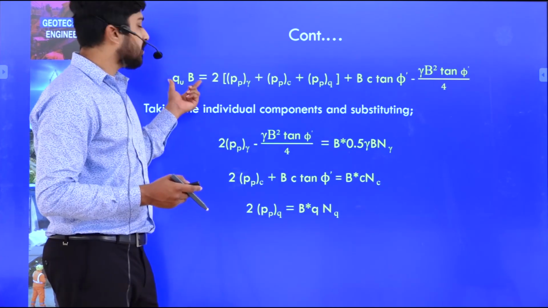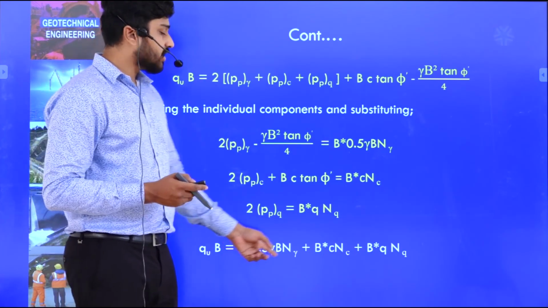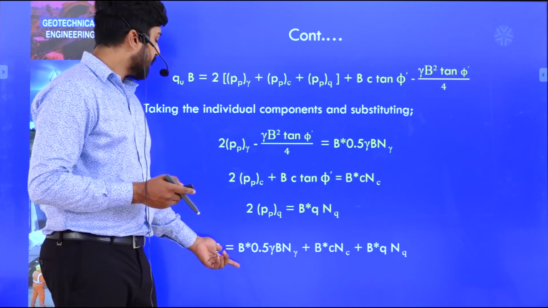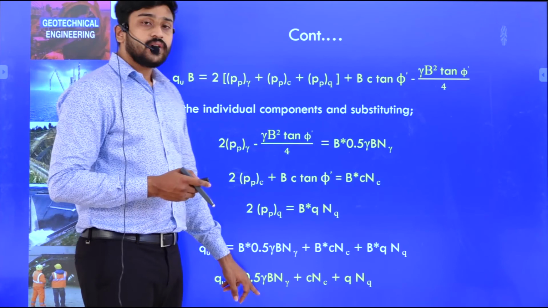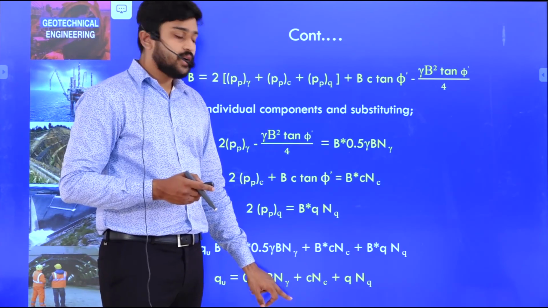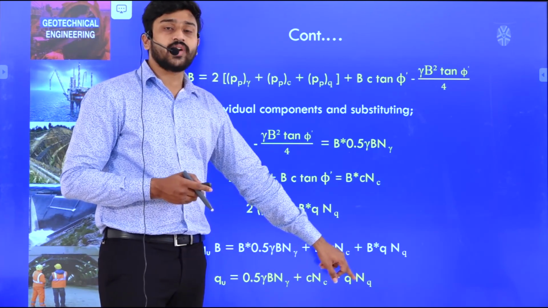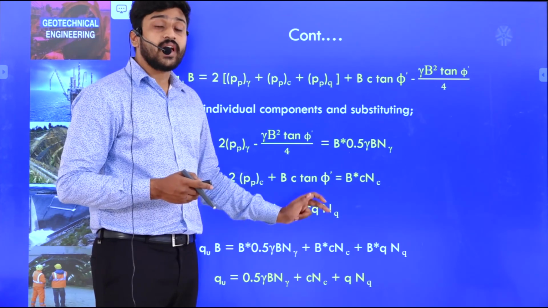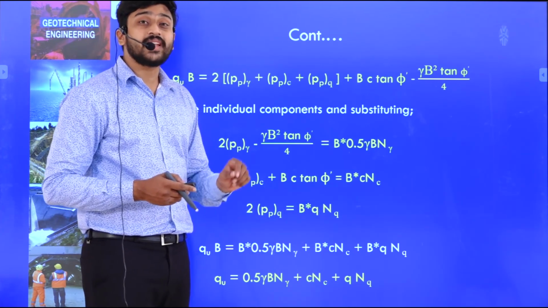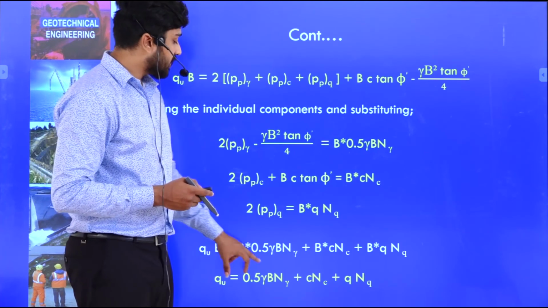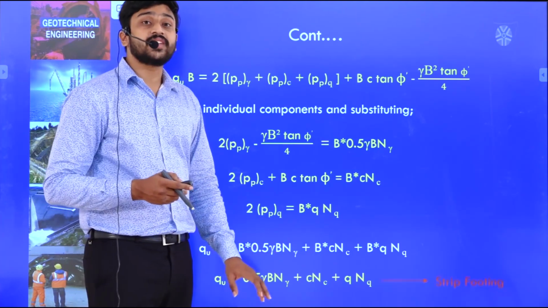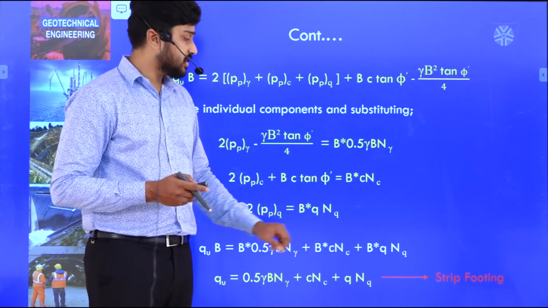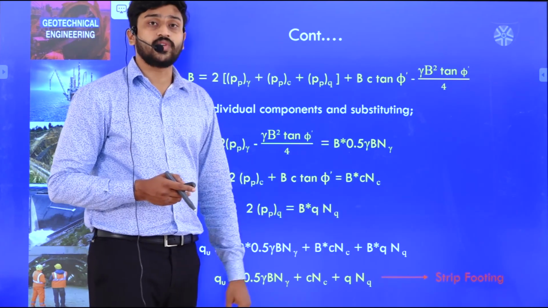Cancelling B, we can finally obtain the ultimate bearing capacity as 0.5 gamma B N gamma plus c Nc plus q Nq, where N gamma, Nc and Nq are the bearing capacity factors. This equation is given for the strip footing.